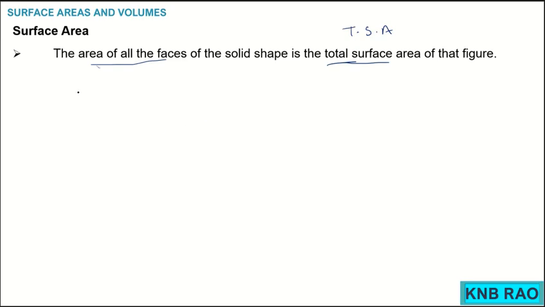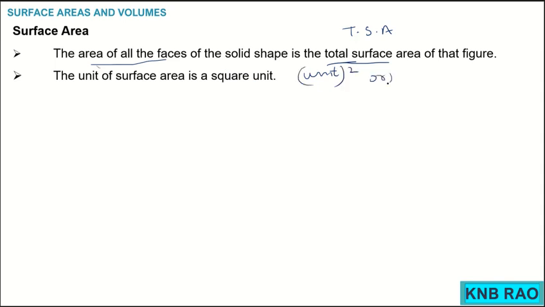The sum of the areas of all faces in that solid shape gives TSA. The unit of surface area is square units or unit square. For example, if the unit is centimeter, then centimeter square or square centimeter. If the unit is meters, meter square or square meters, likewise.